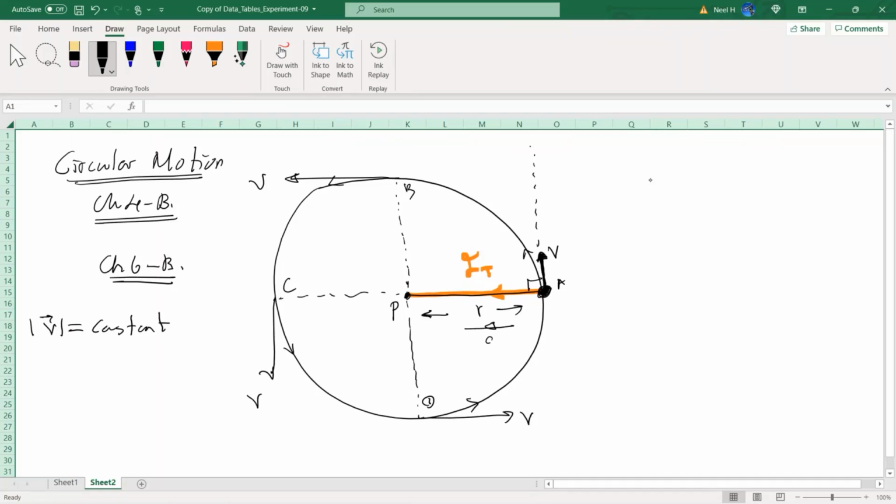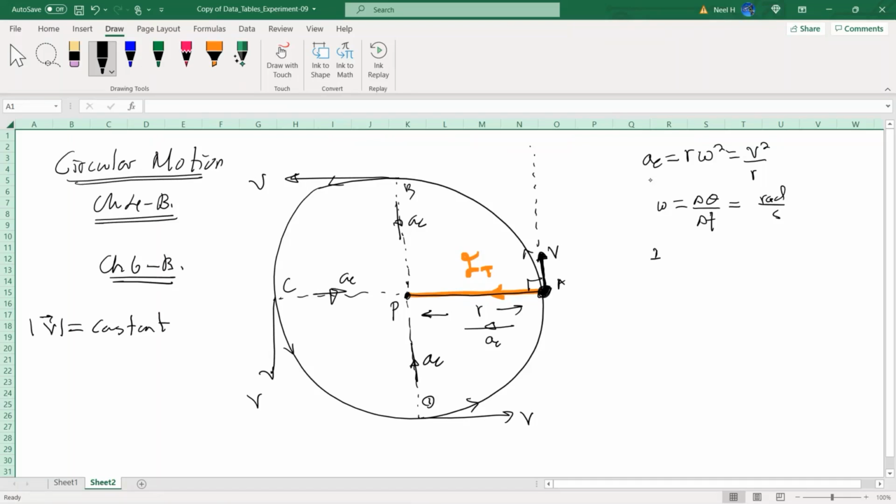That we call, in chapter 4b, centripetal acceleration. For that centripetal acceleration, we found an equation: a_c is equal to R times omega squared, or v squared divided by R. Omega is delta theta over delta t, which means the rate of change of angle, so it can be measured in radians per second.